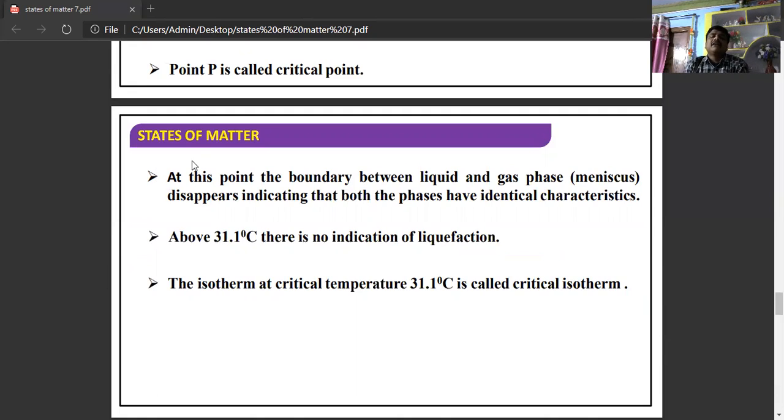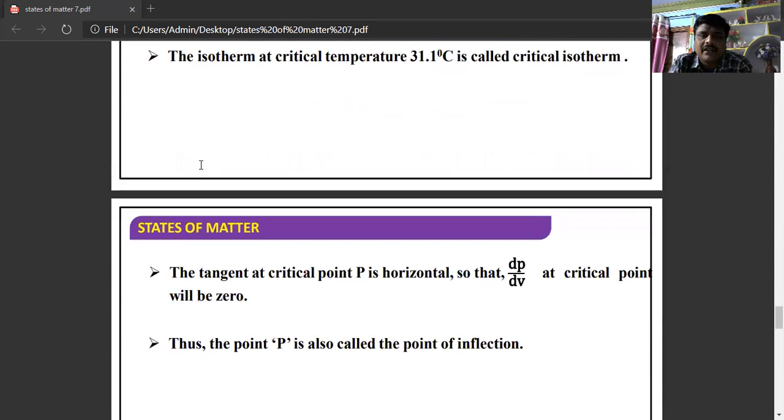The meniscus disappears, indicating that both phases have the same characteristics. Above 31.1 degrees centigrade there is no indication of liquefaction. The isotherm at the critical temperature, 31.1 degrees centigrade, is called the critical isotherm.